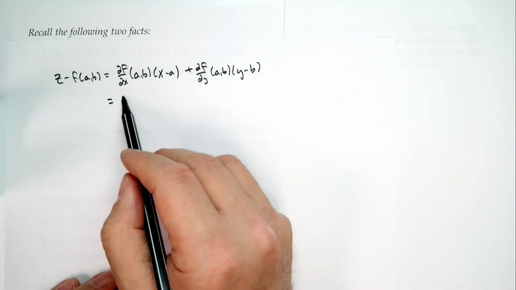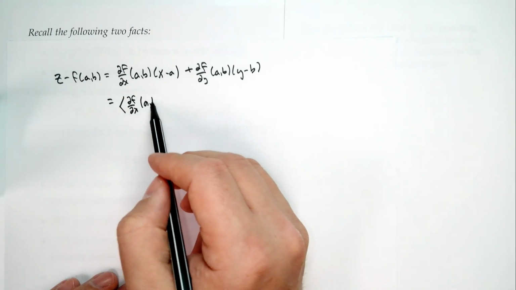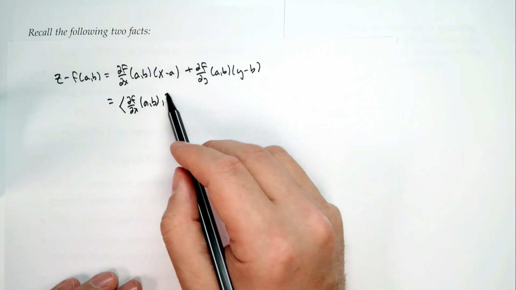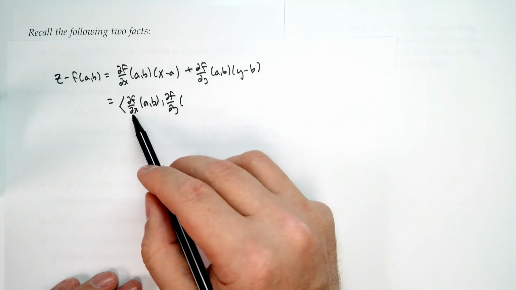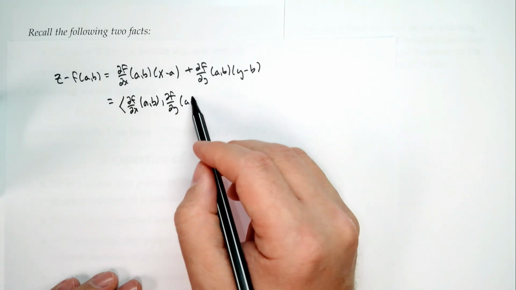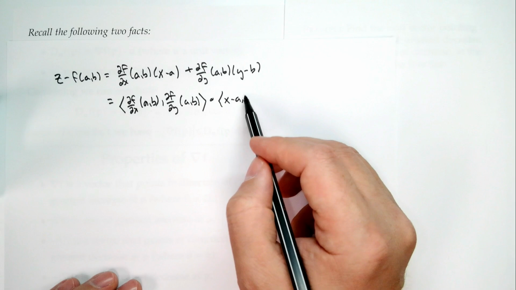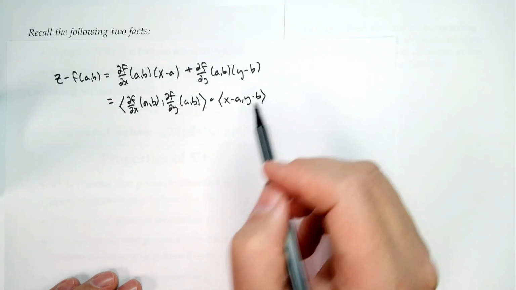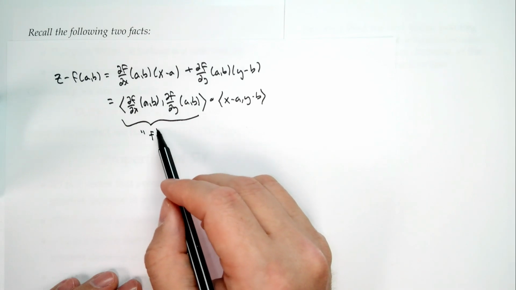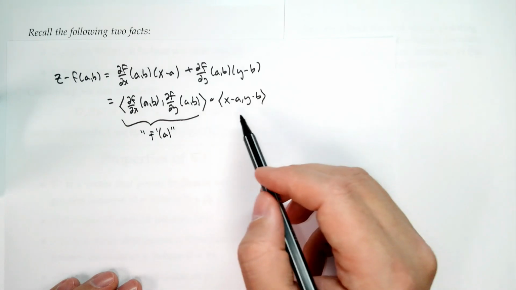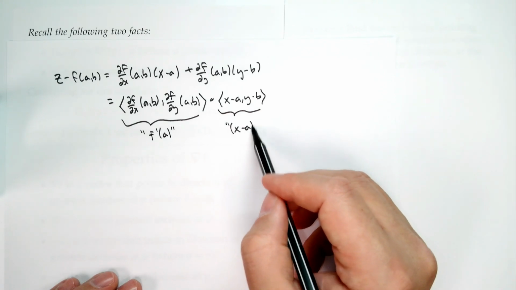But that can be rewritten as, and this is what we saw last time, if you grab those two partial derivatives, put them into one vector, partial f partial x at a b, partial f partial y at a b, and dot it with x minus a, y minus b. So somehow this is acting in the role of what f prime of a was when we were talking about single variable calculus, and this was acting in the role of what x minus a was.